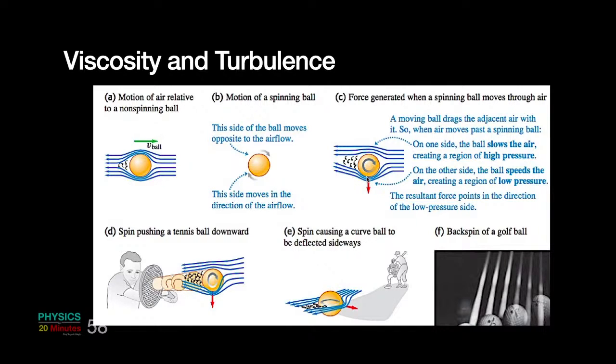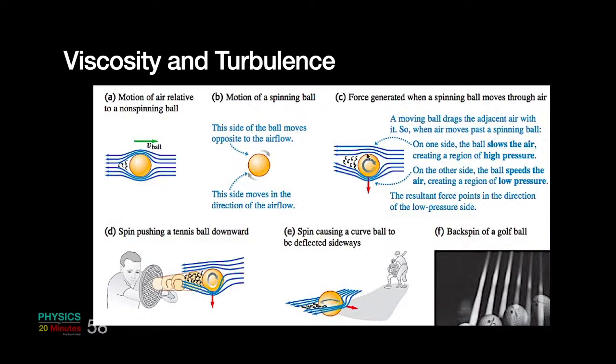Since the relative speed on the upper side decreases, there is an increase in the pressure. Since the velocity increases at the lower part, the pressure drops.